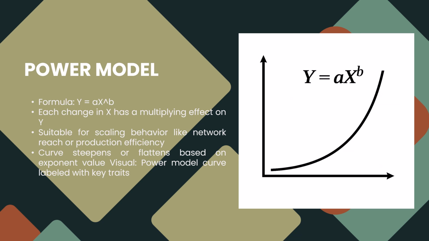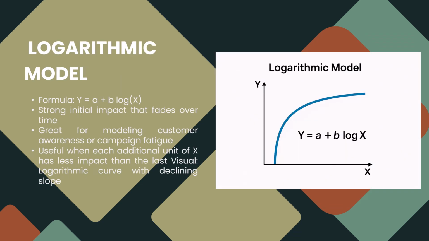Make sure to check display equation and R squared value, which is essential. I will tell you about this later in the video. You can also log transform both x and y and apply linear regression on the log scale for custom control. The next one is logarithmic models.